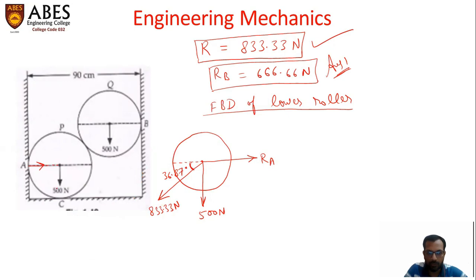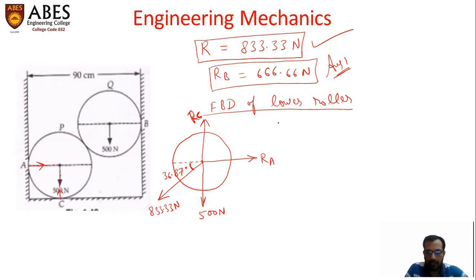Now there is one more force, RC. From point C, the reaction will act like this. I'm going to show this reaction at the center of the roller as usual. So this is the reaction RC, and this is the complete free body diagram of the lower roller.